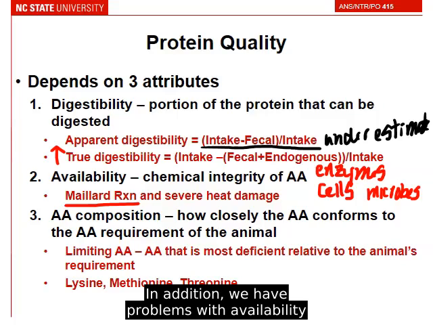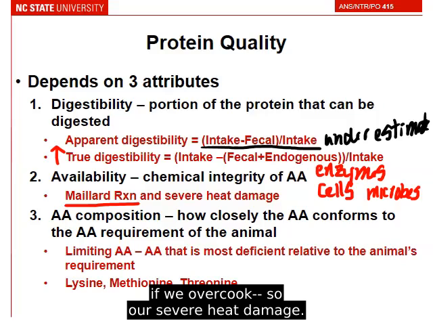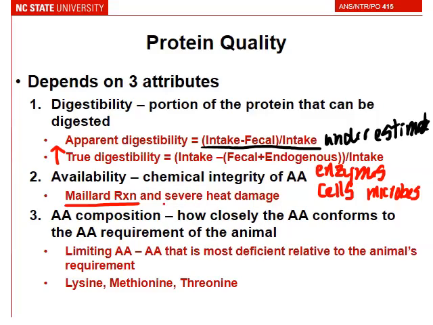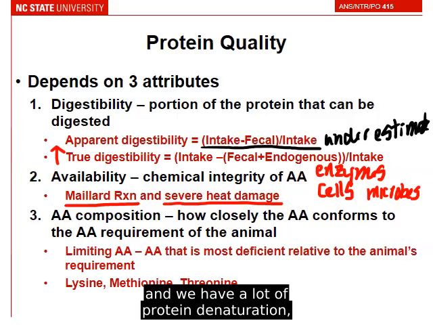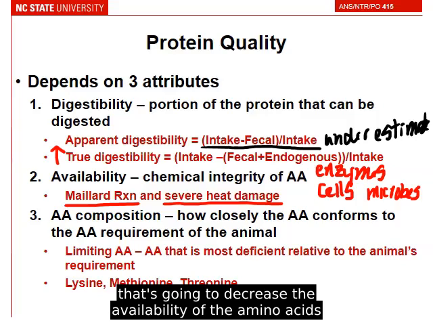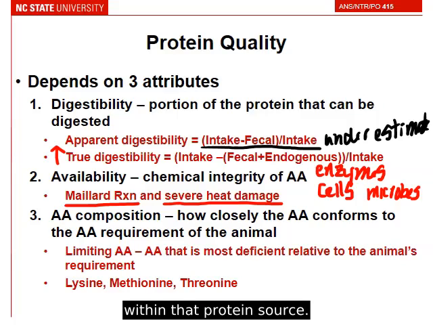In addition, we have problems with availability if we overcook, so severe heat damage. So if we cook our soybean meal too much and we have a lot of protein denaturation, that's going to decrease the availability of the amino acids within that protein source.